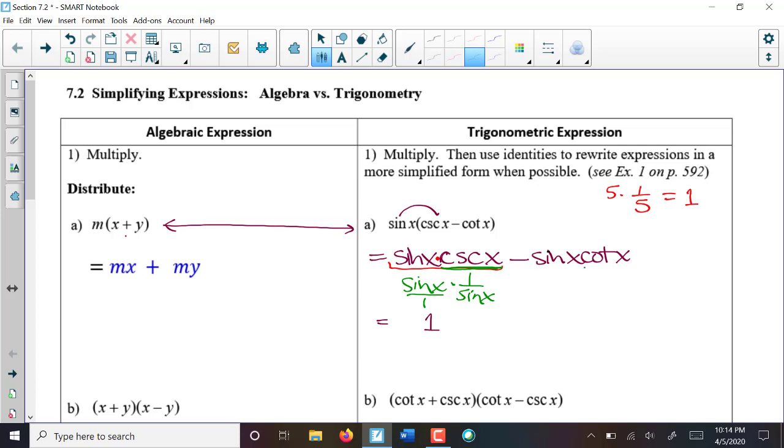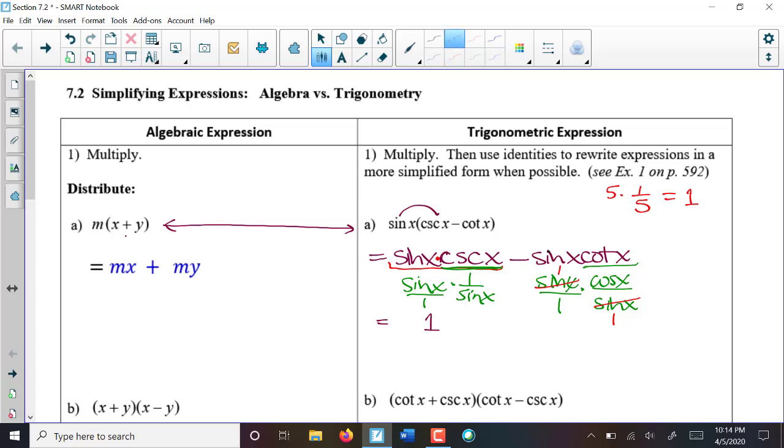Okay, here I can rewrite cotangent as cosine of x over sine of x. And then when I multiply by sine of x, remember sine is over 1. So I typically always cross cancel or divide out common factors diagonally before I multiply, especially when I have algebraic expressions or trig expressions such as this.